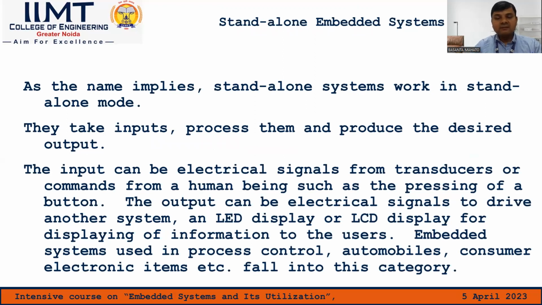The output can be an electrical signal to drive another device, so an LED may be displayed or turned on. Embedded systems in process control, automation, automobiles, and consumer electronics fall into this category.